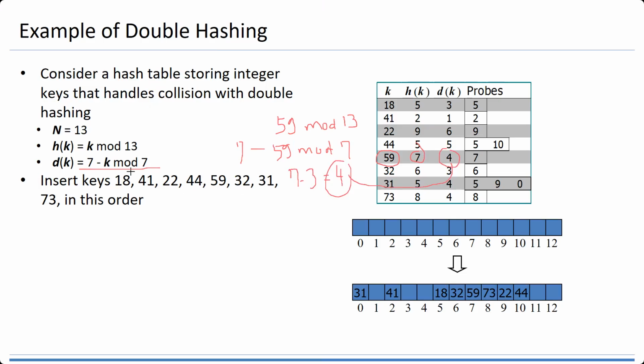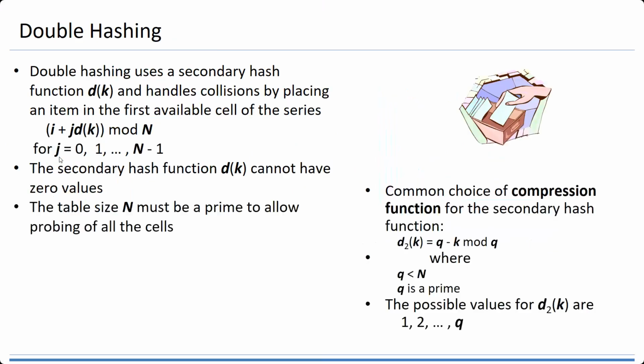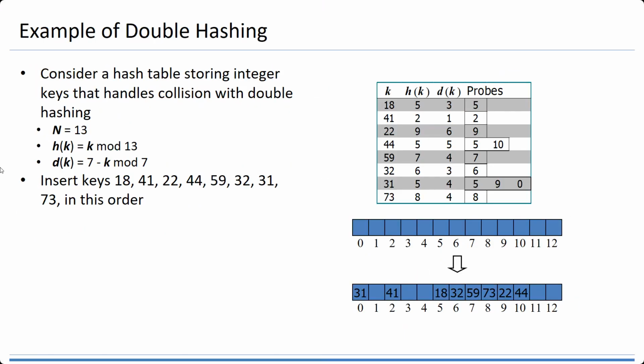So actually we can do it as with the previous one: 7 plus 0 multiplied by dk mod n. N is the size of the table. Because we have only 13, we don't need to consider that one. Because 5 mod 13, of course, is 5.